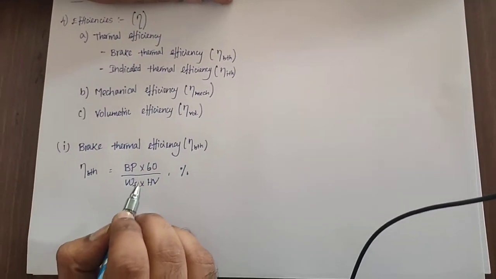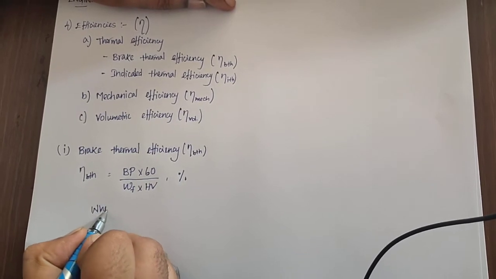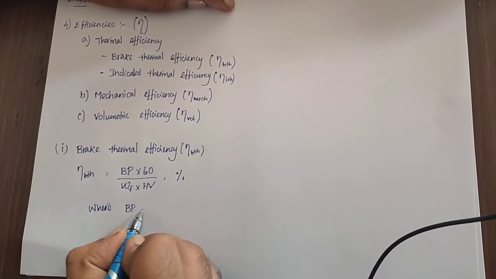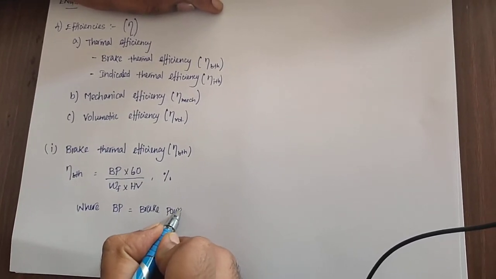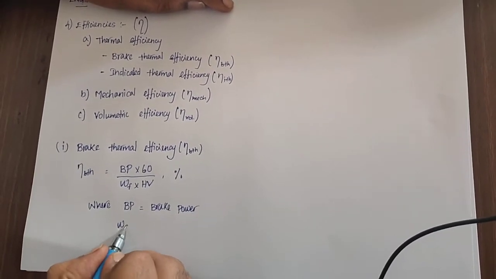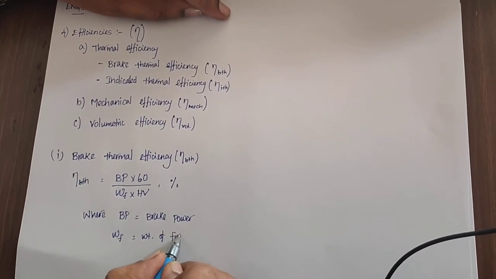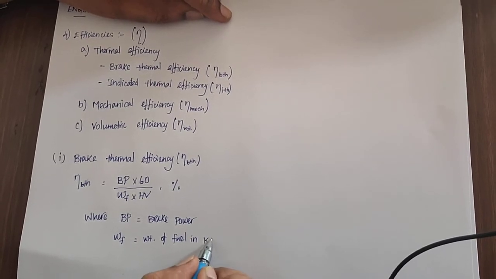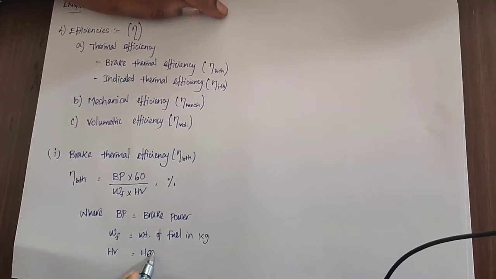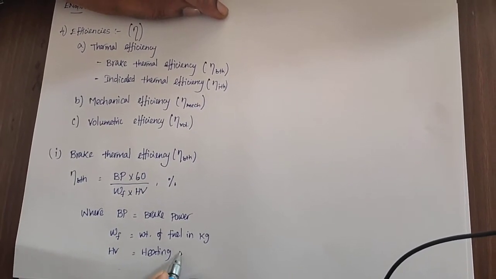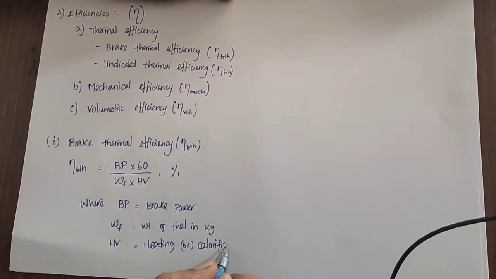So why did this formula come? Here BP is brake power, WF is the weight of fuel in kg, and HV is heating value or calorific value.